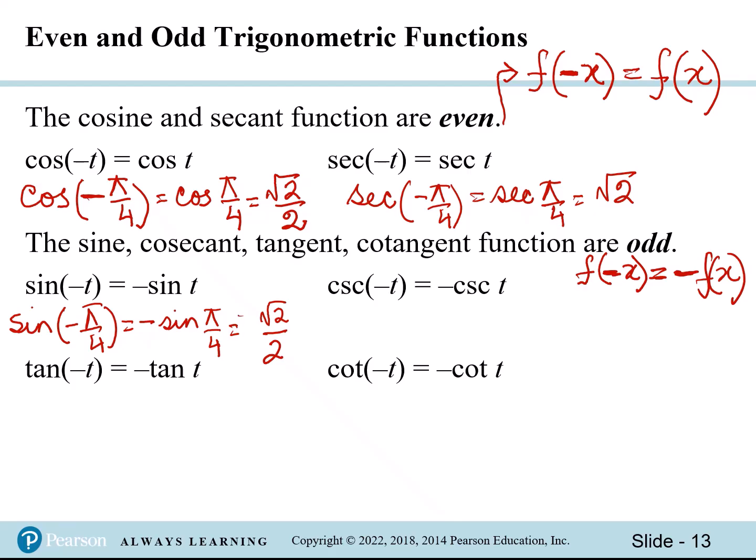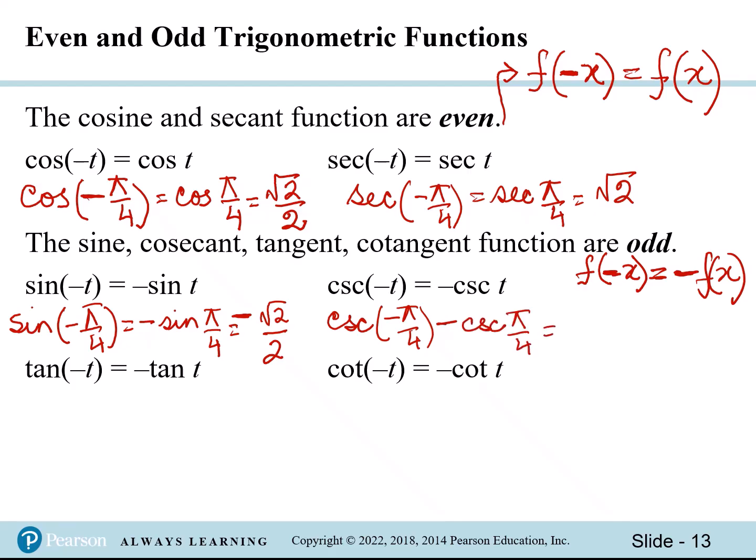So whatever it was with the positive angle, the negative angle will produce a value which is the negative of the positive angle value. Cosecant of negative pi over 4 would be the negative of whatever cosecant of pi over 4 was, which is negative square root of 2.